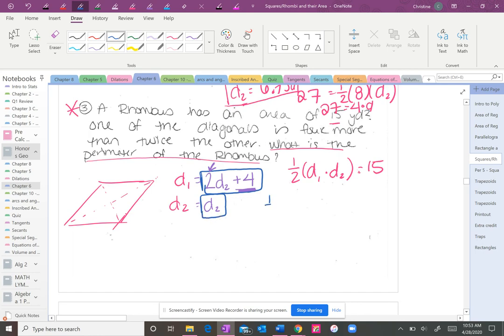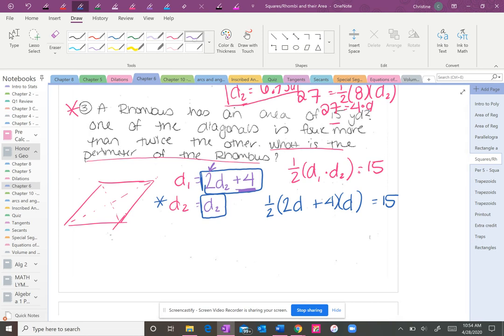So when I do 1/2 times 2D2 plus 4 times D2, it's going to get very confusing if I multiply 2D sub 2 times D sub 2. So can we just agree? Of course we can. That when we solve this, we're going to keep in the back of our minds that we have solved for D2. And so I'm going to erase the little sub 2 because it's not an operation, and I don't want us to get it confused with the exponent.